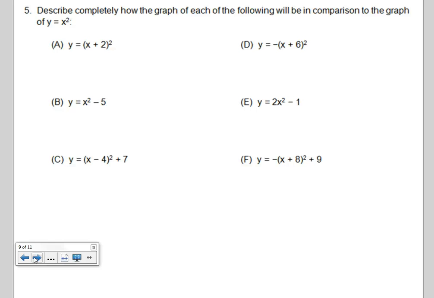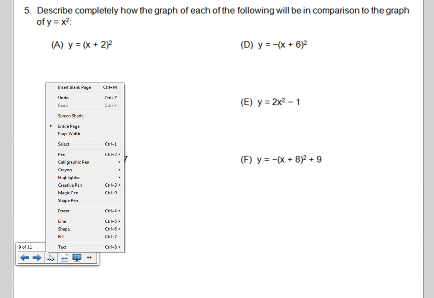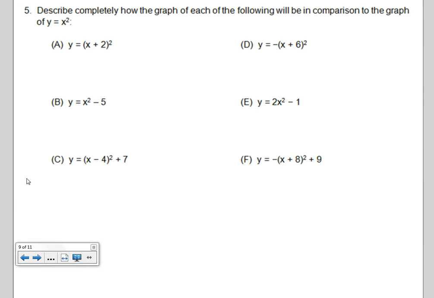Okay, in problem A, we'll highlight the change. The change is that there is a +2 number being added to the x. So if you recall, this is the first transformation we talked about. If there is a number being added inside with the squared term, this means that the graph gets shifted to the left two units.